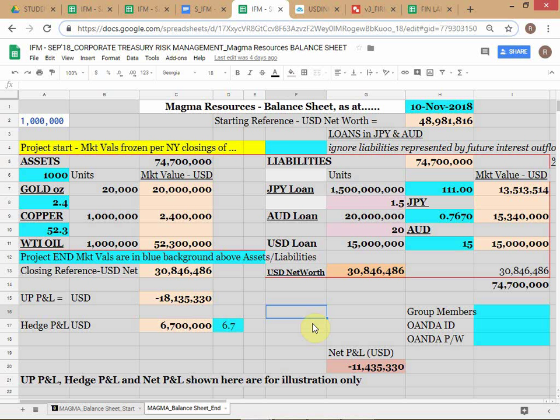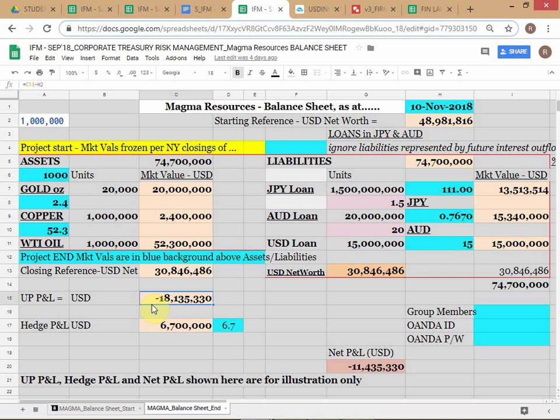That 18 figure is coming from, if I take the cursor to that figure, what is the formula there? It's C13 minus H2.